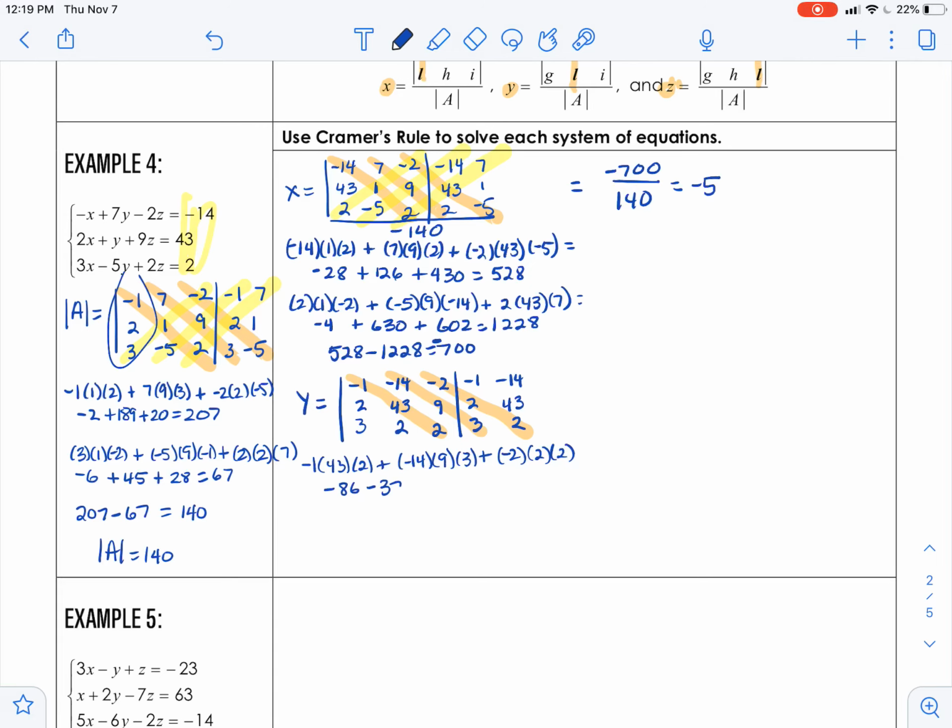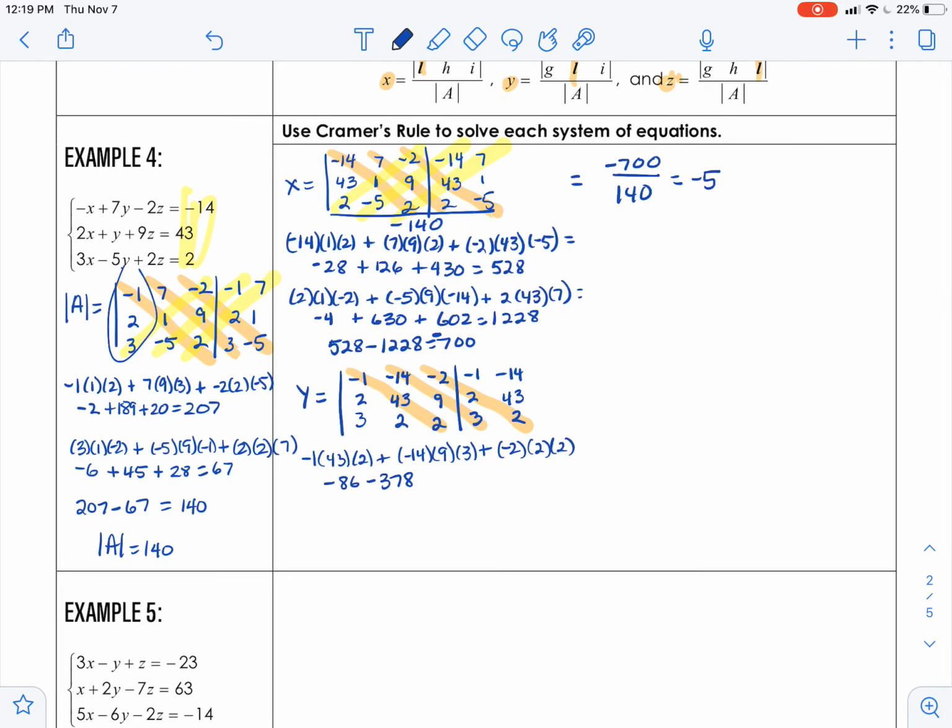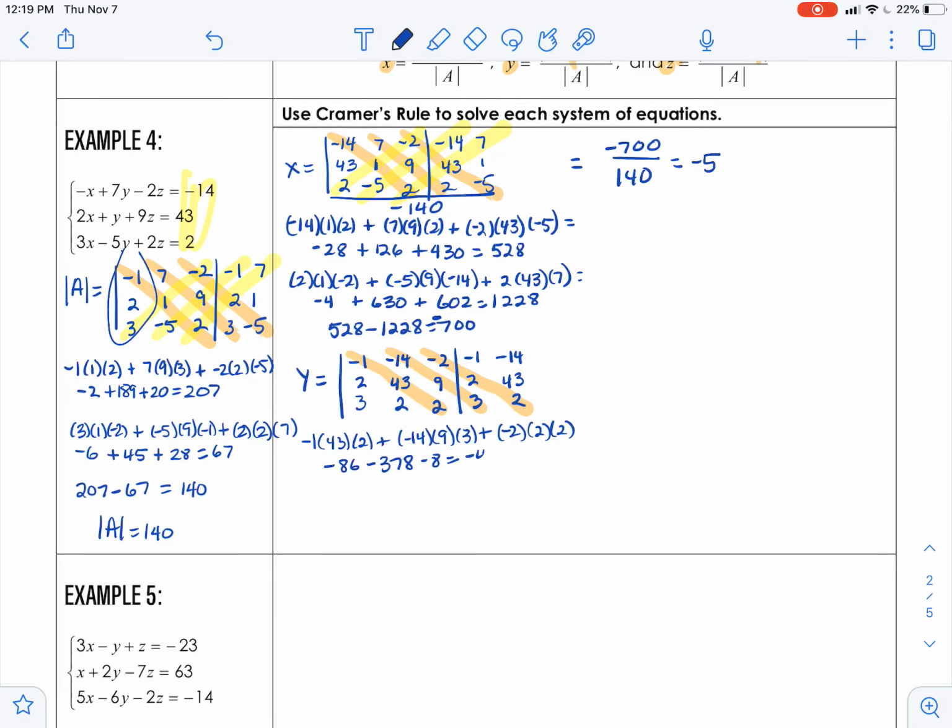Negative 378. 248. So I have negative 472. Okay, so there is my down.